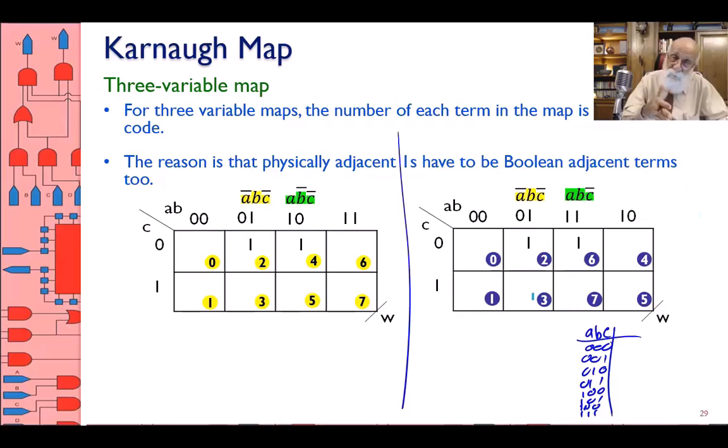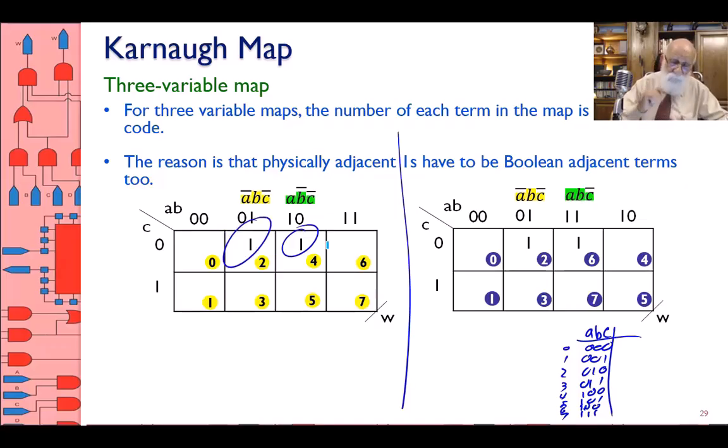Skip the third column, then come back to it: 4, 5, 6, 7. So the truth table is still the same, but in the Karnaugh map, the third column and the fourth column are swapped. This way, let's look at the same two ones that we were looking at before.